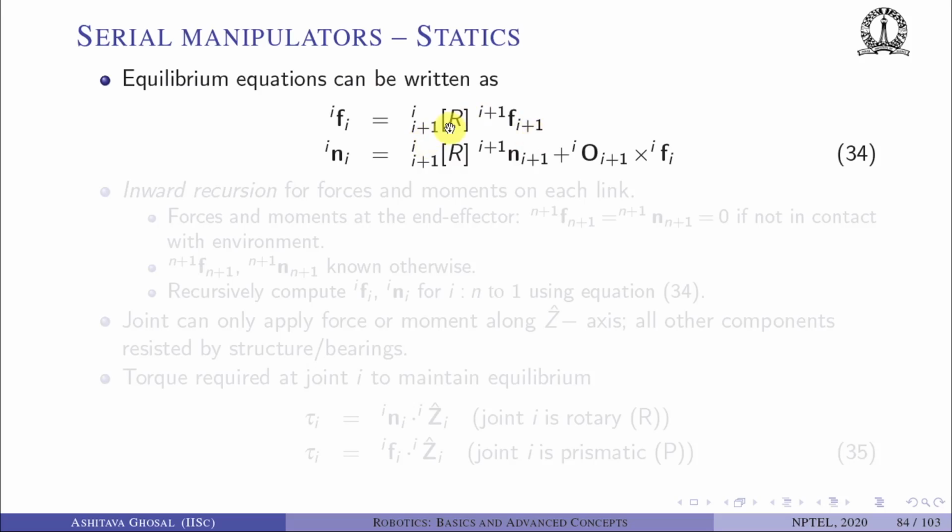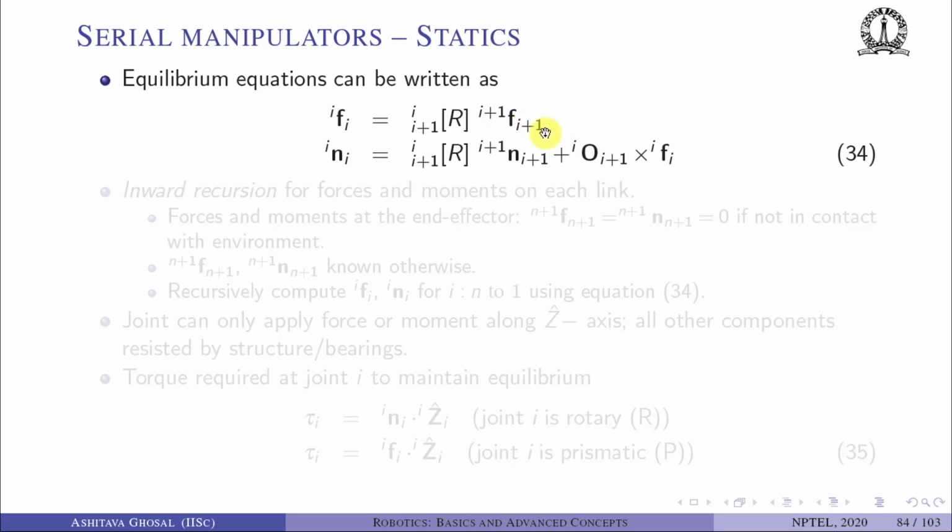Okay, so what is this rotation matrix? This is the orientation of link i+1 with respect to the ith coordinate system. Similarly, N_i can be written as the rotation matrix ^iR_{i+1} into ^{i+1}N_{i+1} plus O_{i+1} cross ^iF_i.